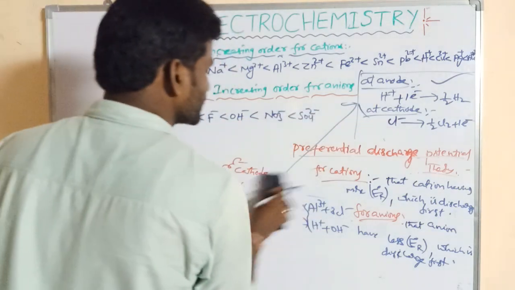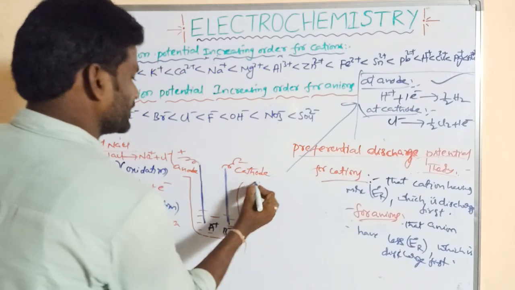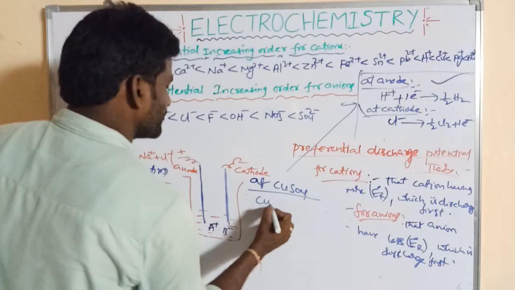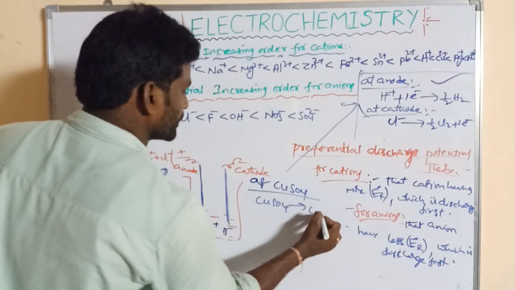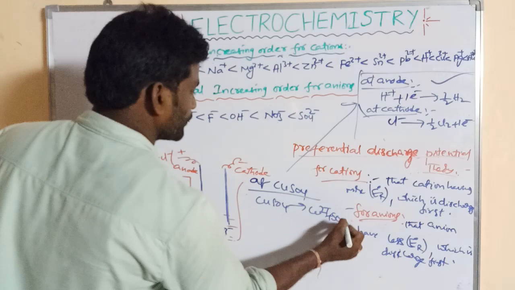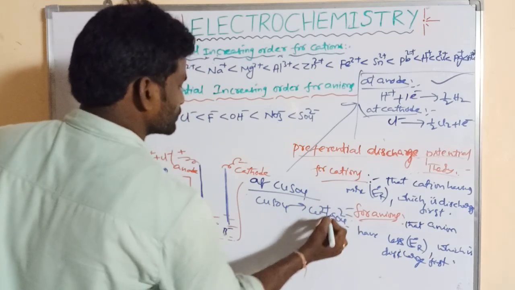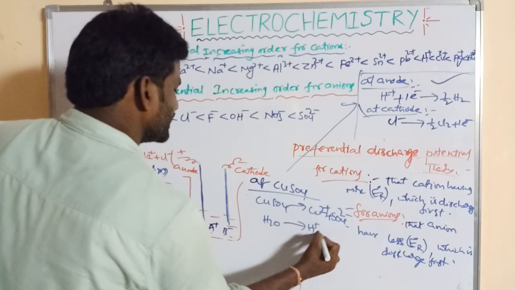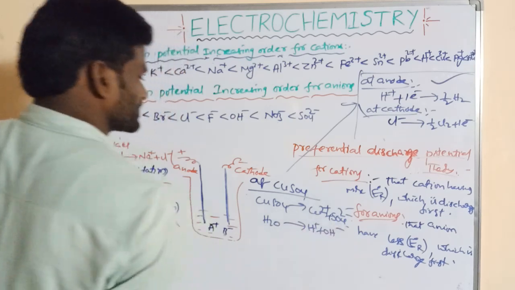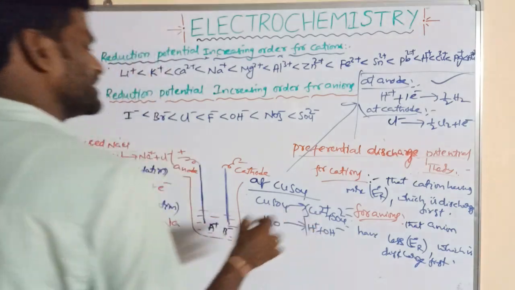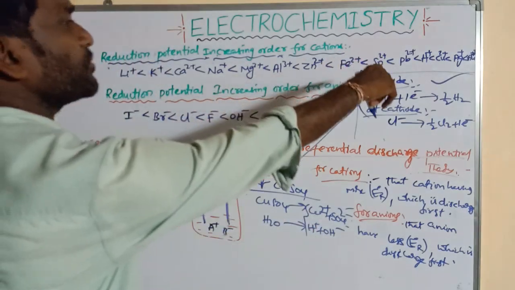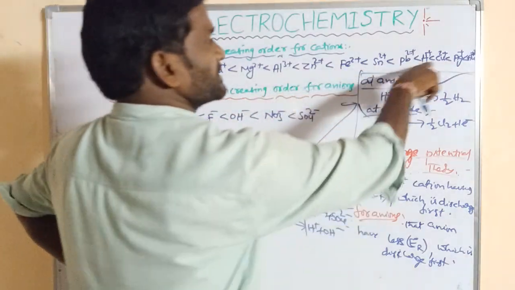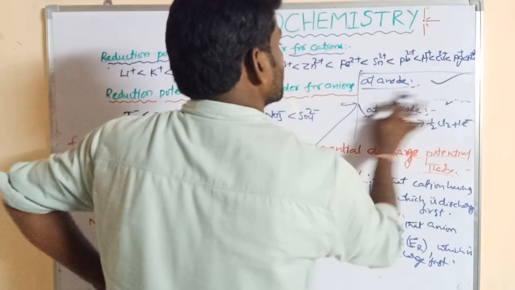If we take aqueous copper sulfate, copper sulfate is ionized to Cu2 plus and SO4 2 minus, and water is ionized to H plus and OH minus. Of the two cations, Cu2 plus and H plus, Cu2 plus has more reduction potential than H plus, so it is reduced first.